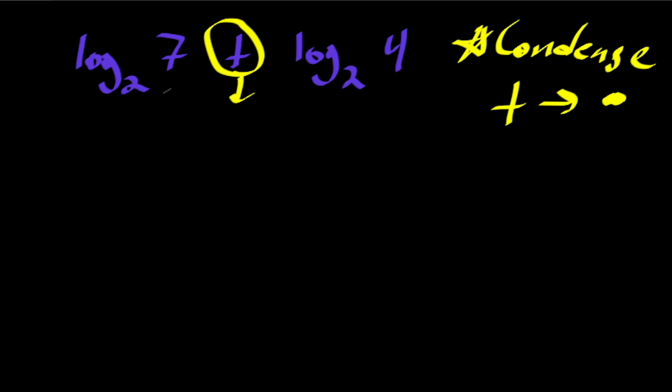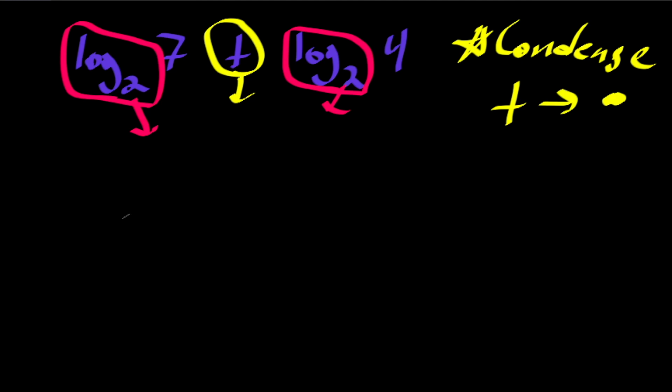Now we take these two log base 2's and condense them into one single logarithm. That's the whole goal of condensing, to make a single logarithm. Sometimes it's not possible, but that's our goal at least.